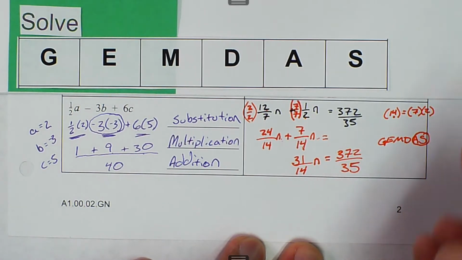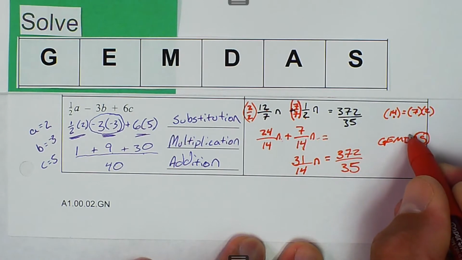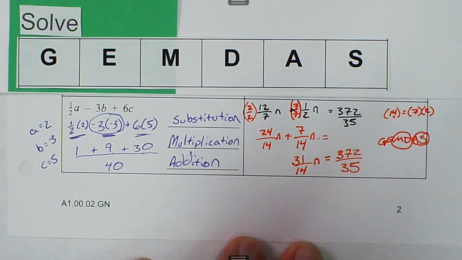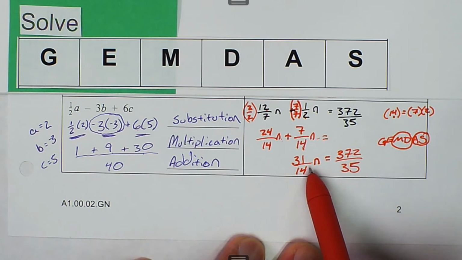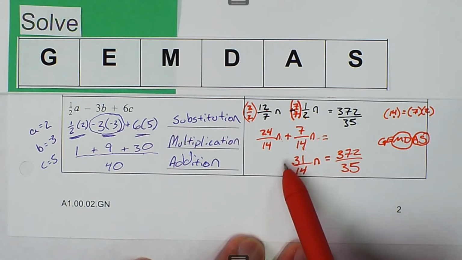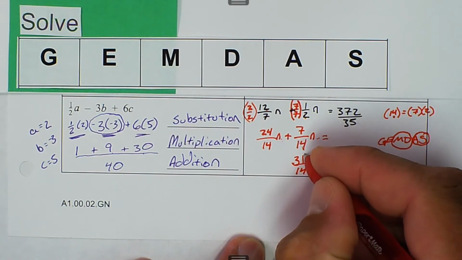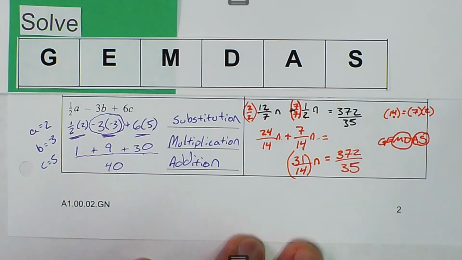No, we don't. Okay, next thing, we come to multiplication and division. So here, it's a combination of the two. We are multiplying n by 31, but we're also dividing by 14. Another way to look at it is we're multiplying by the fraction of 31 over 14.